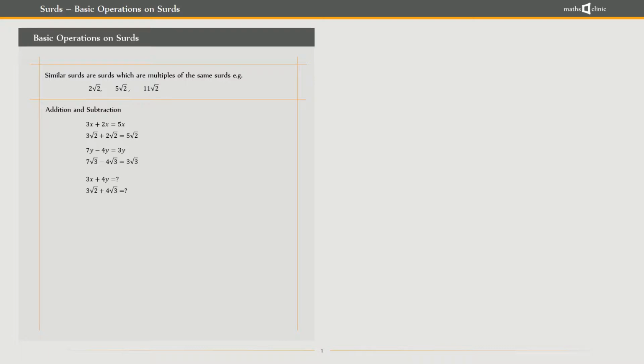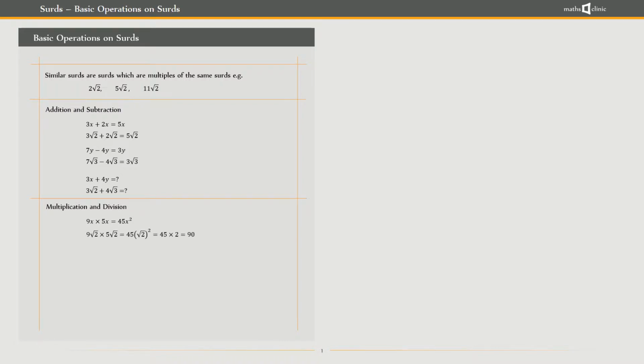Now let's move on to multiplication and division. Very similar, also the same. If you have 9x times 5x, how do you go about solving it? You multiply the 9 and the 5, and that gives you 45, and the x and the x gives you x squared.